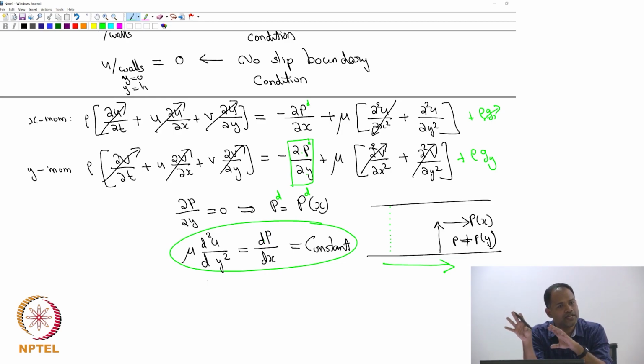Gravity will not generate any velocity, but if it was in the perpendicular direction or in the direction that is parallel to gravity, then gravity could induce a flow, and we will see how we will write down gravity included in terms of pressure field and so on at a later point. So, at the moment let us just say that we have a situation in which our flow is perpendicular to gravity, and therefore, the hydrostatic pressure is not going to do anything.